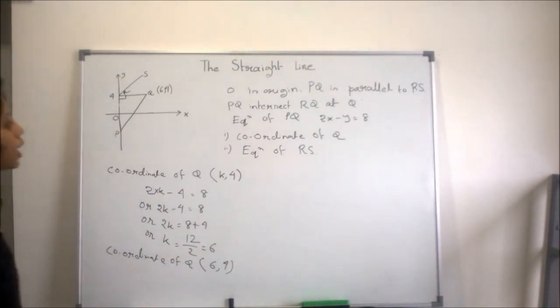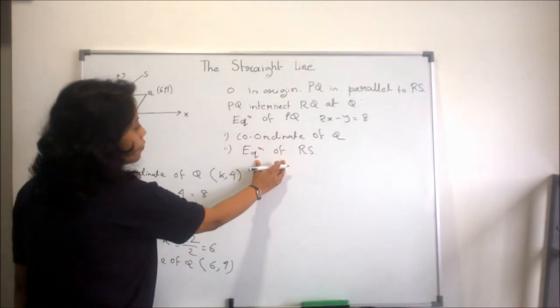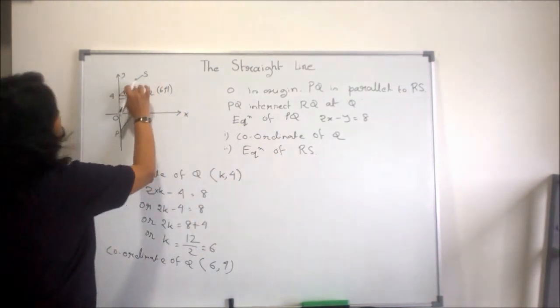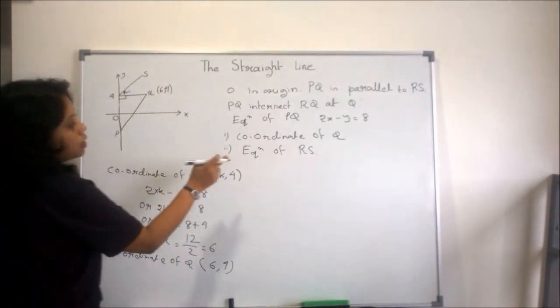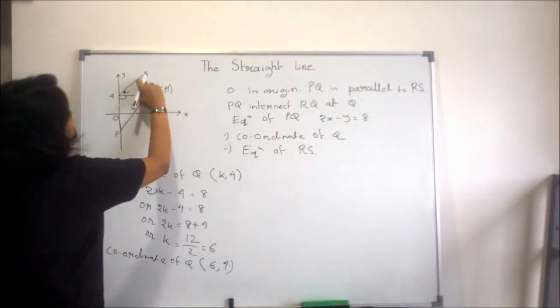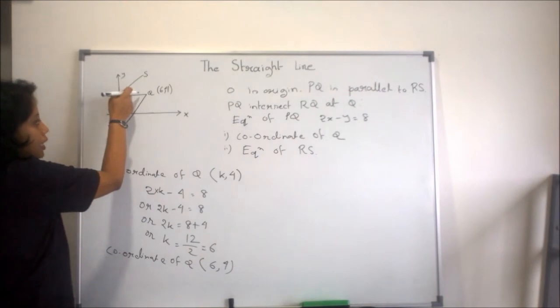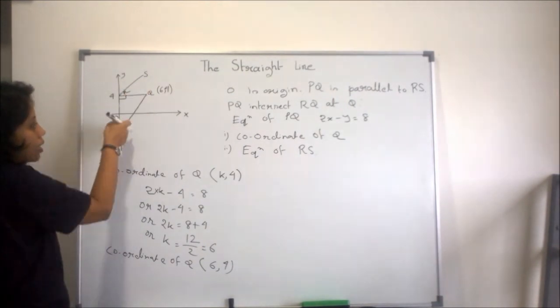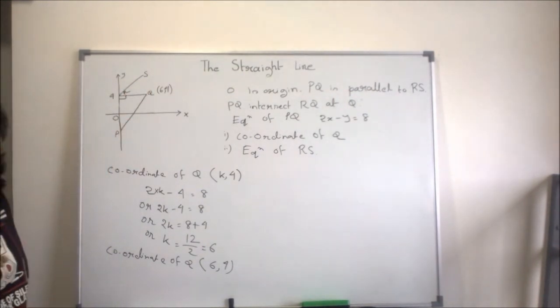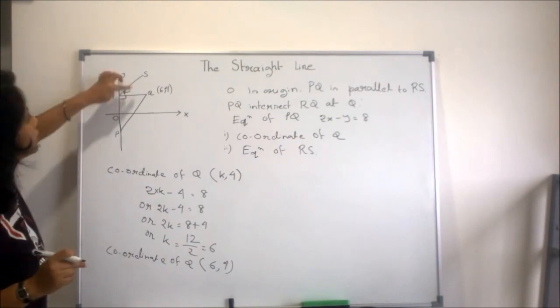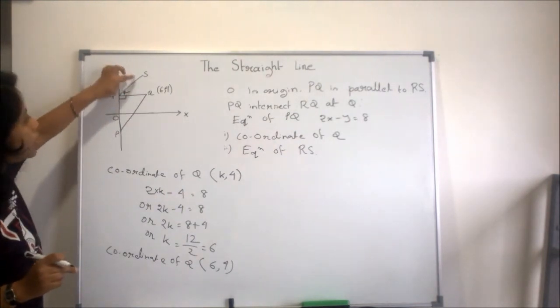Now we have to find out the equation of RS. This line RS is parallel to PQ. And what do we know about the condition if two lines are parallel? The gradients are equal.